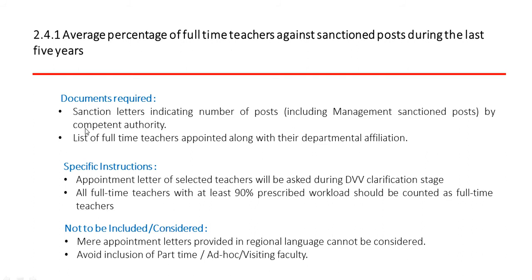The documents required for verification will be sanction letters indicating the number of posts, including management sanctioned posts, by the competent authority, and a list of full-time teachers appointed along with their departmental affiliation. What should not be included or will not be considered is mere appointment letters provided in a regional language, and you have to avoid inclusion of part-time or ad hoc or visiting faculty.